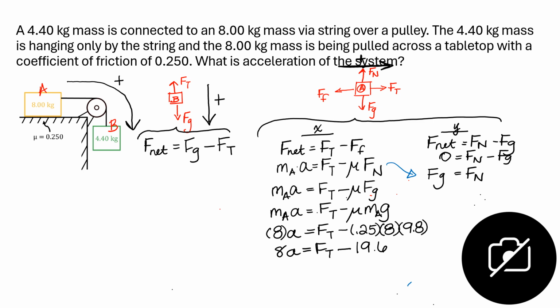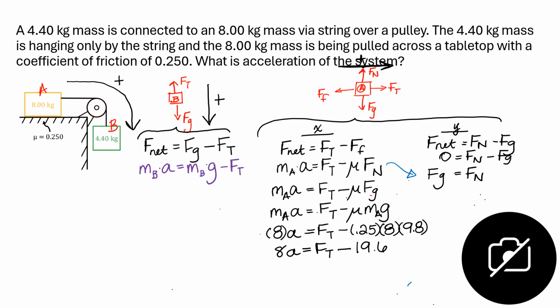So let's go see if we can find another equation that we can work with. Let's turn our attention to B's F net equation. So F net is ma, so m, that's specifically B, times a, is equal to Fg, which is mg, mb times g, minus Ft.